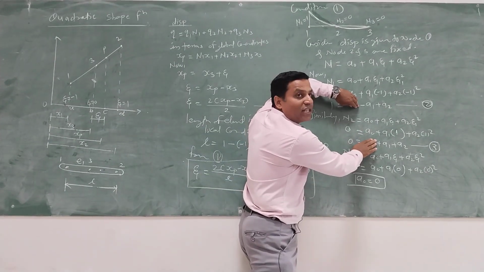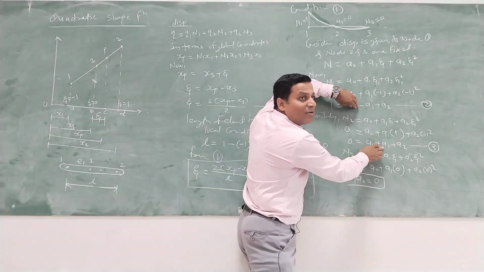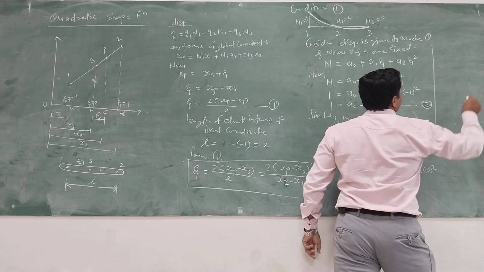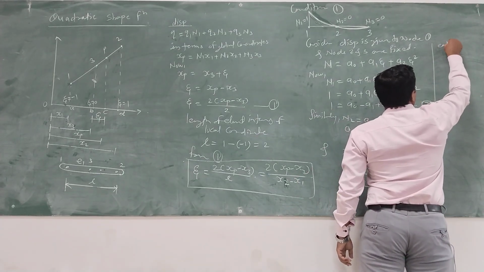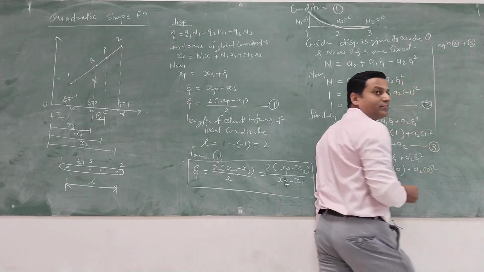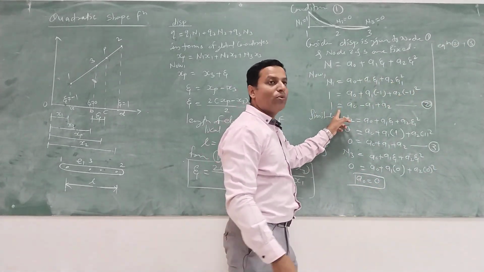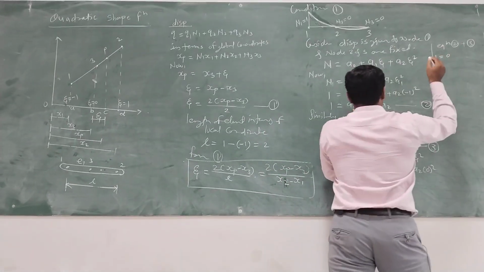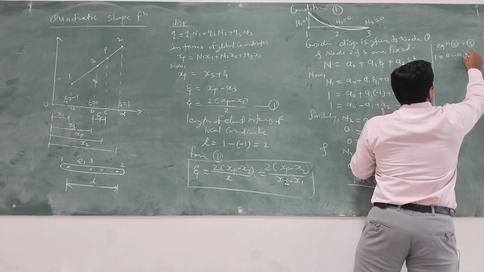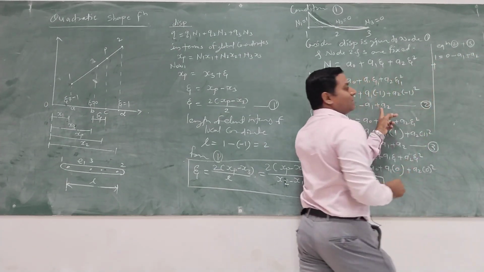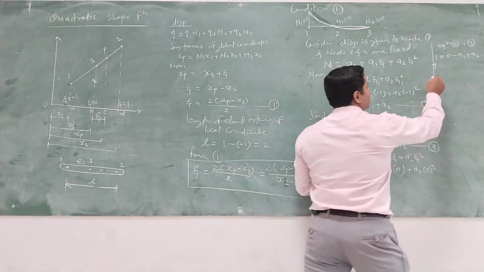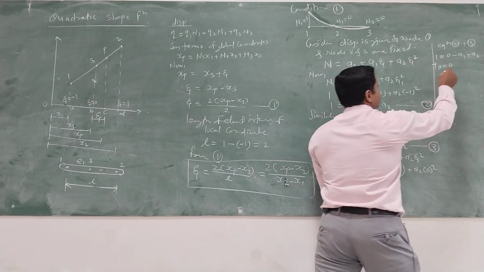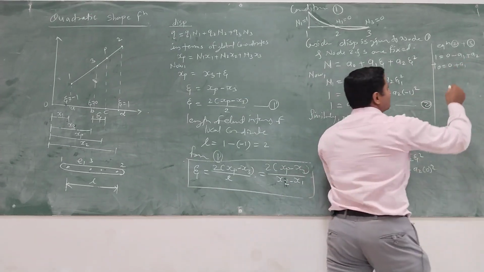If you want to solve 2 and 3, then minus A1 plus A1. So 2 plus 3. So I am going to write here equation 2 plus 3. Equation 2: 1 equal to A0 ची व्हॅल्यू मी 0 लिहितोय, 0 minus A1 plus A2, plus equation 3: 0 equal to A0 is 0 plus A1 plus A2.